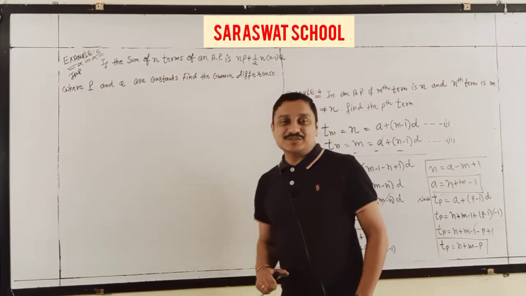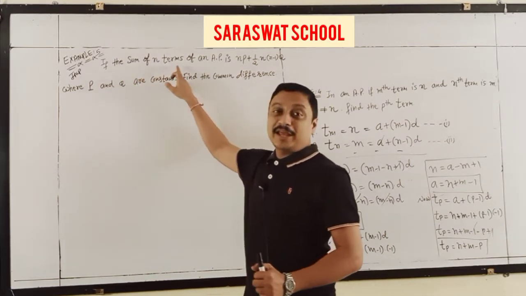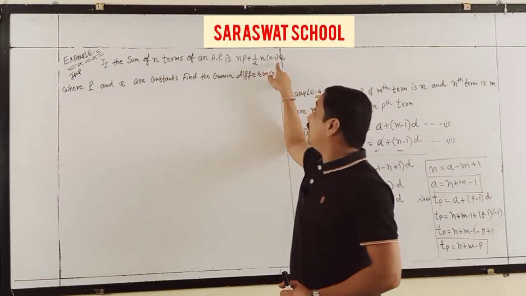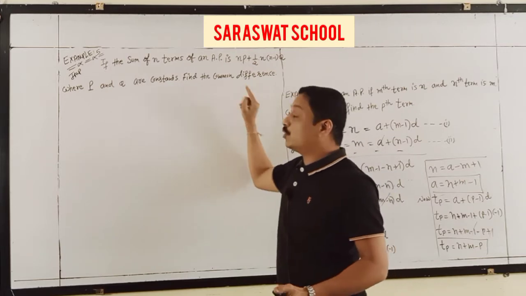Now continue students, example 5, which is important. If the sum of n terms of an AP is np plus half n minus 1 q, where p and q are constants, find the common difference.